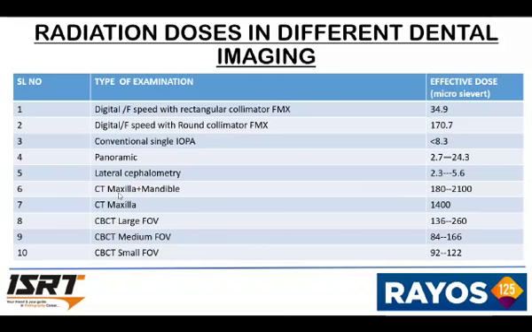CT maxilla plus mandible is 180 to 2100. CT maxilla is 1400. CBCT large FOV is 130 to 260. CBCT medium is 84 to 166. And CBCT small FOV is 92 to 122.